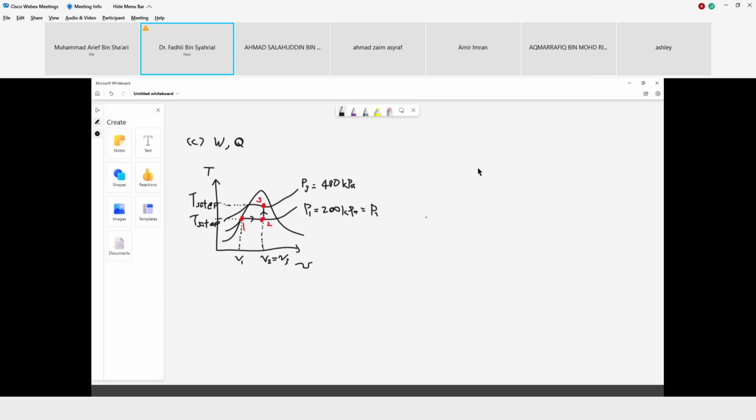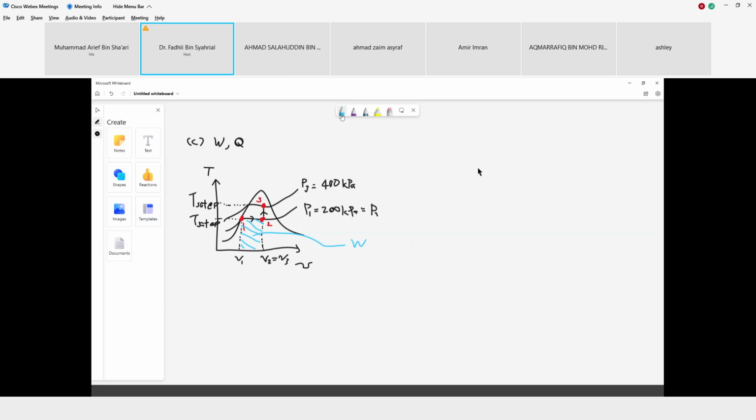So the area under the graph is this one. So here is W. So find the area under the graph, then we get the W. Or we can do it one by one.